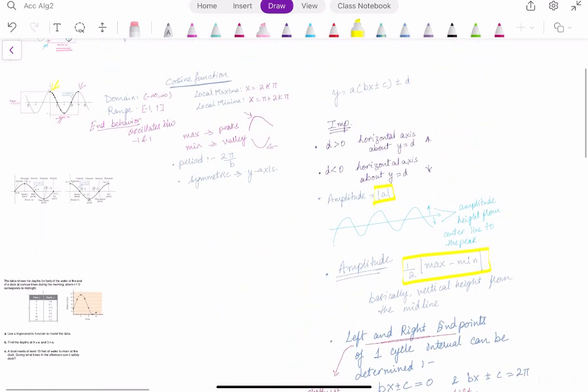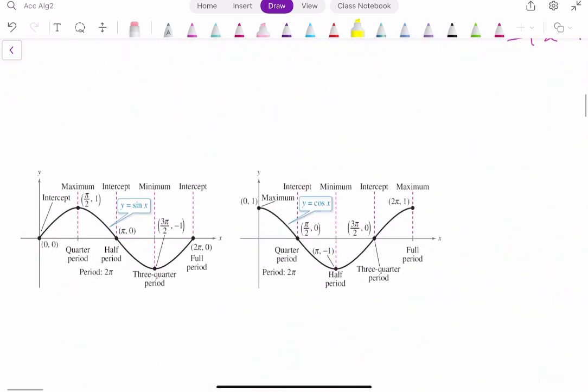Okay, let's go and understand the intercepts now. So this is the graph of the sine and the cosine function, and you can see here in the sine function we are getting the intercepts. The first intercept will be at 0 and 0, and 0 and 0 will be the intercept for y as well.